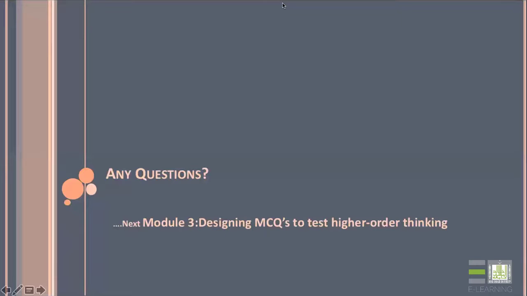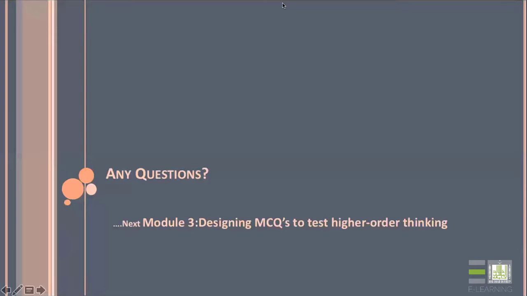There is one question from Asim Muhammad Ibrahim Omar. Okay. All right. That's an interesting question. The question asks, all MCQs measure lower order of thinking.